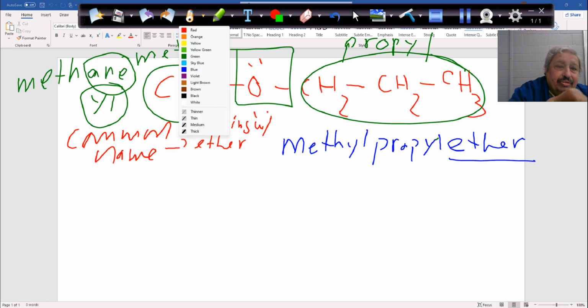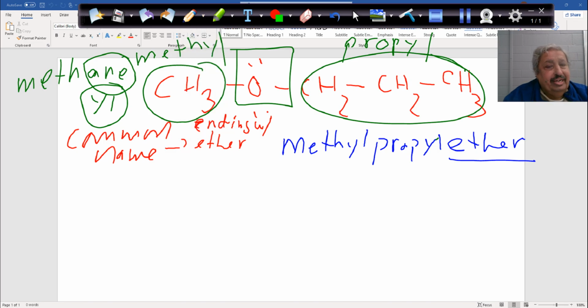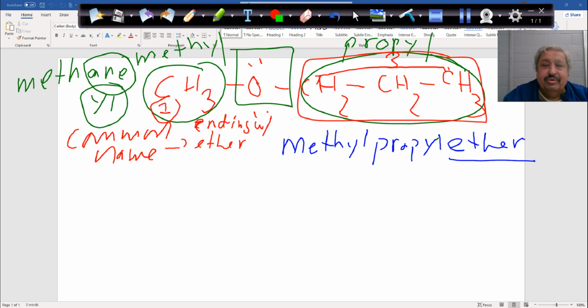What we have to do is calculate how many carbons we have at both sides of the oxygen. So on this side I have 1 carbon. This one, how many carbons? 3. So the longest chain of carbon will win. This one here will take over.